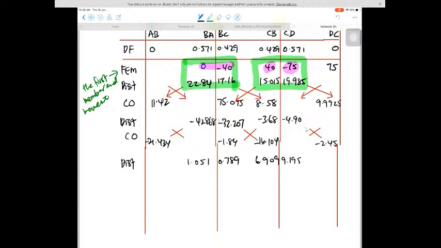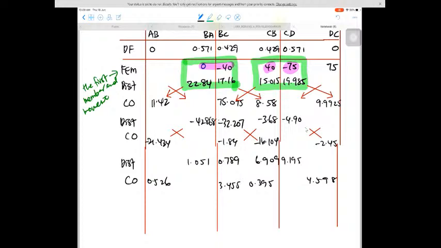Okay, then we carry over, so it is 1.051 divided by 2, this is 0.526, and 0.789 divided by 2, we get 0.395. 6.909 divided by 2 is equal to 3.455, and 9.195 divided by 2 is equal to 4.598.